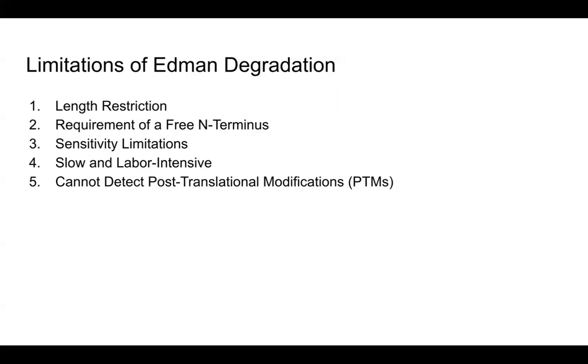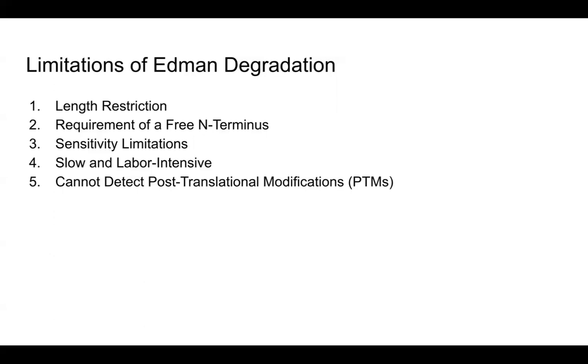Next, as you can predict from the process, it's very slow and labor-intensive. Each cycle of Edman degradation is time-consuming, particularly if you're dealing with sequences na nasa 40 to 50 amino acids na. Kasi nga, it's performed one amino acid at a time. Also, it's a manual process. Hindi siya katulad ng PCR na automated na siya.